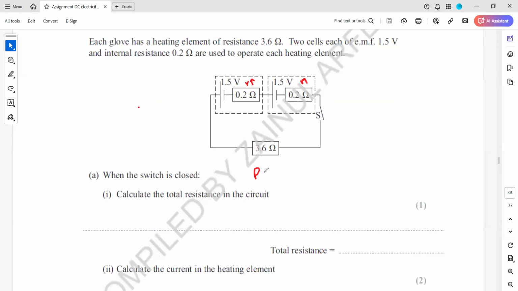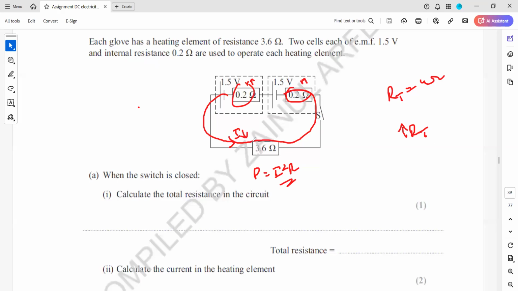What will happen to the power output? P equals I squared R. Originally the internal resistance was 0.2, so the total resistance of the circuit was 4 ohms. But when the internal resistance increases, the total resistance of the circuit will increase. If the total circuit resistance increases, the current flowing through the circuit will decrease.